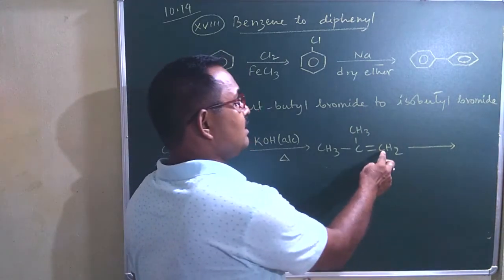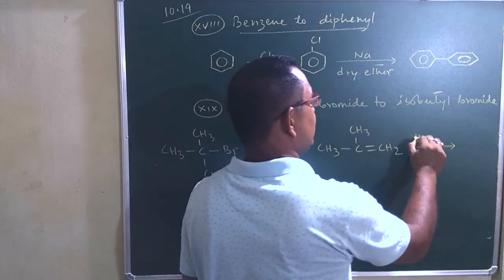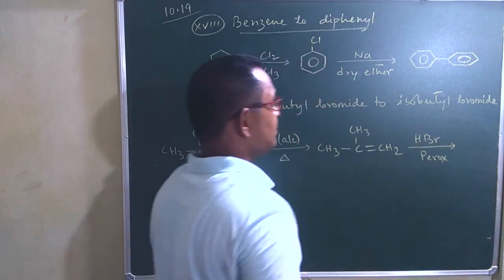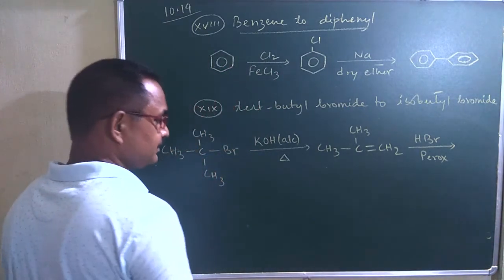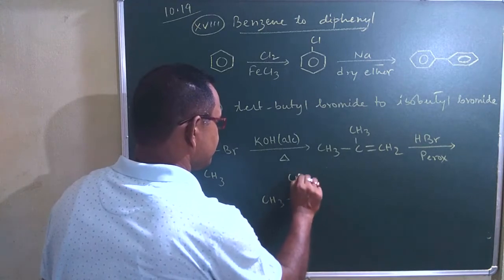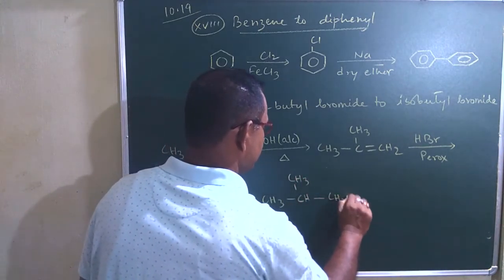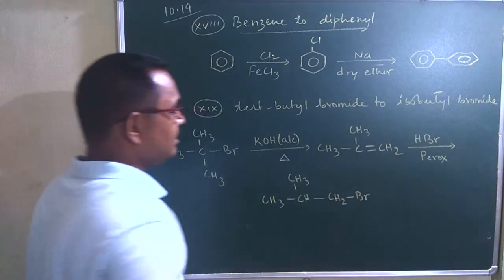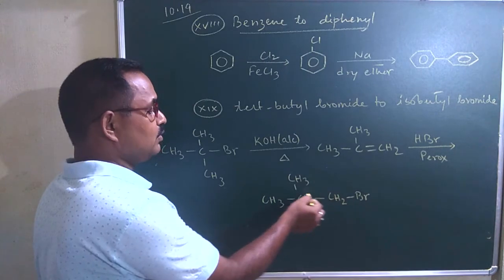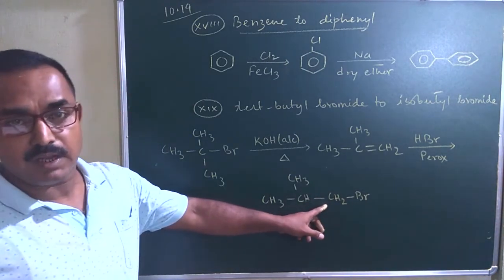So, if bromine is to attach to this carbon, you have to add HBr in presence of peroxide. In that case, this will be the product. 1, 2, 3, 1-bromo-2-methylpropane, or simply called isobutyl bromide.